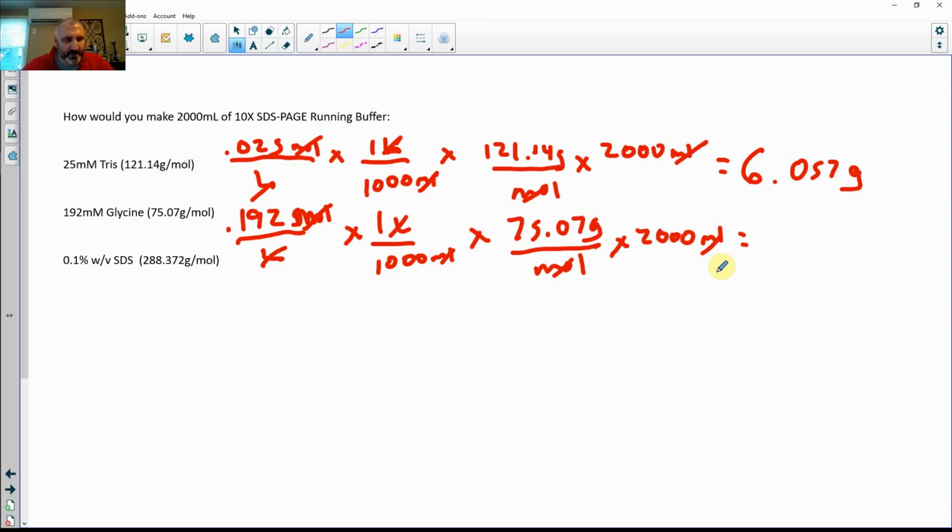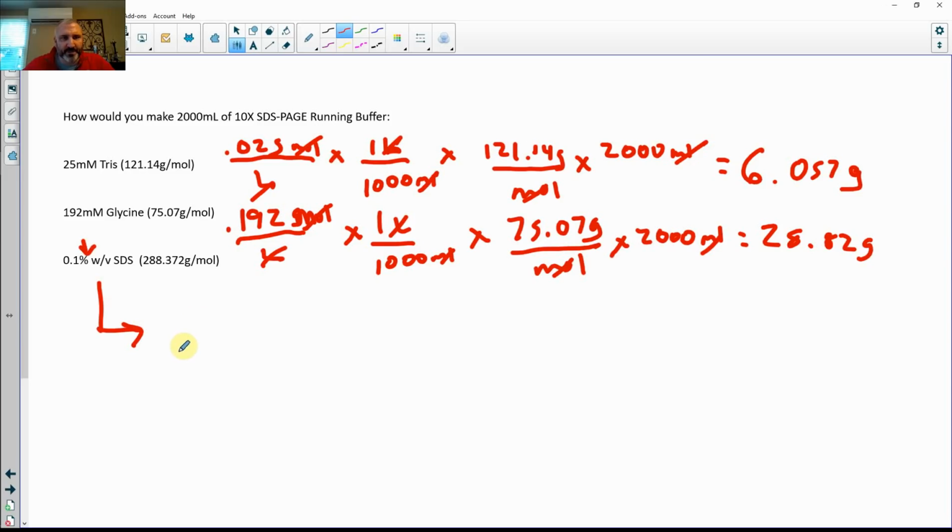So 0.192 times 75.07 times 2,000 this time, divided by 1,000 is going to be 28.82 grams. And then this third one, this is a big tell, we've got a percent.